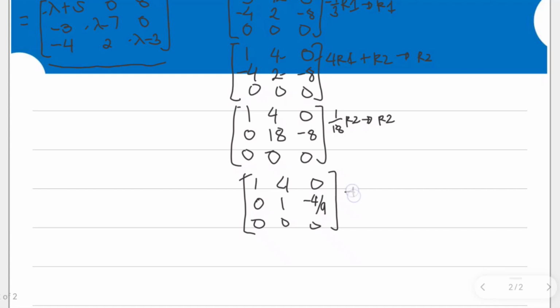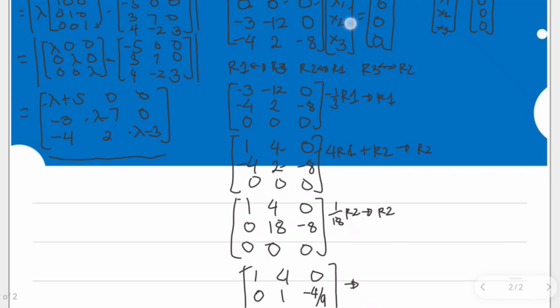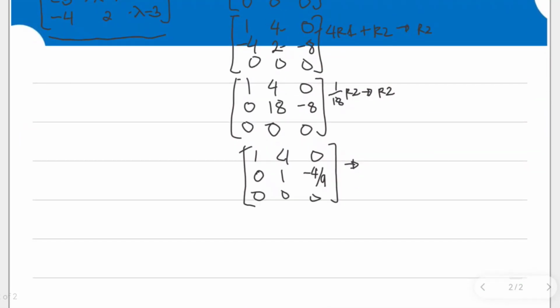After this, we can say that when multiplying with the vector with entries x sub 1, x sub 2, x sub 3, you have x sub 1 plus 4x sub 2 equal to 0. And you will have here x sub 2 minus 4/9 x sub 3 is also equal to 0.